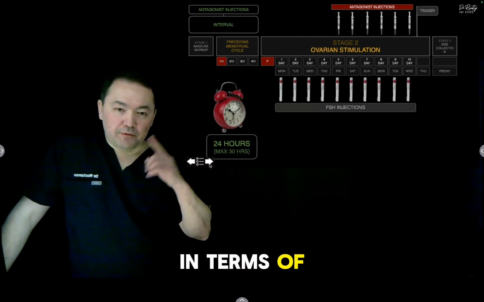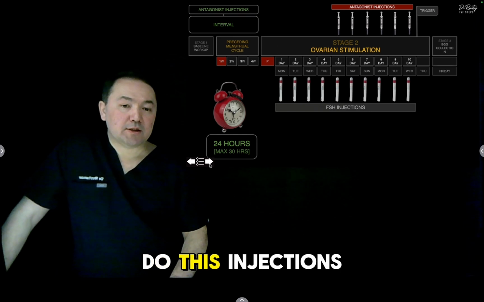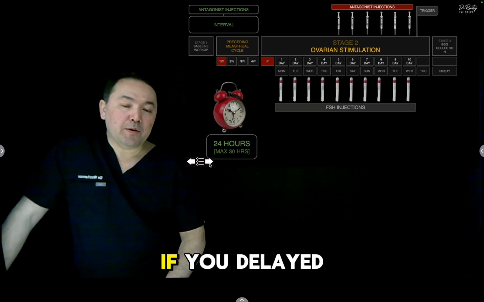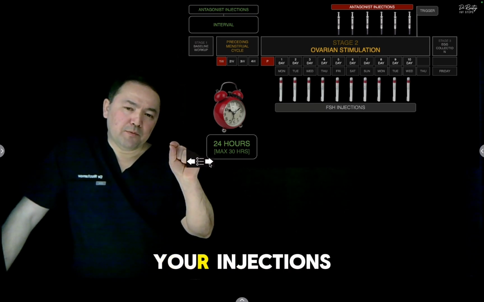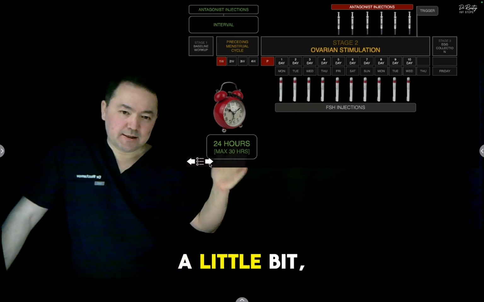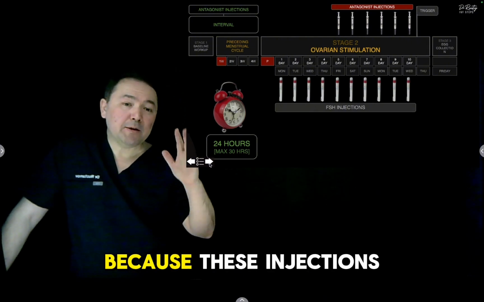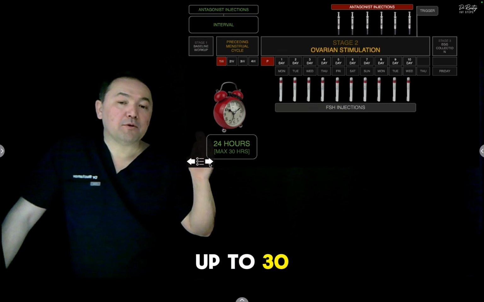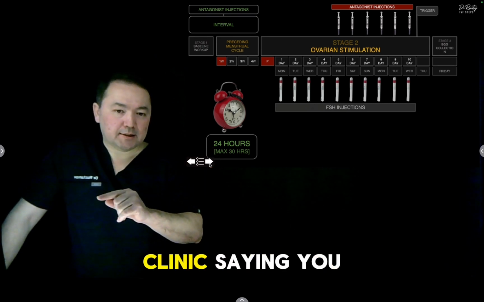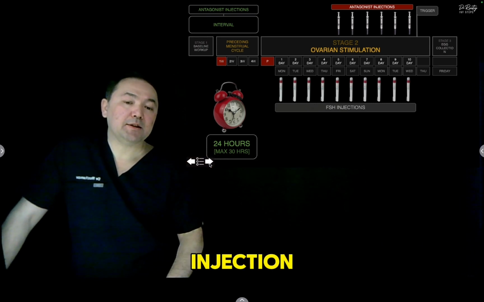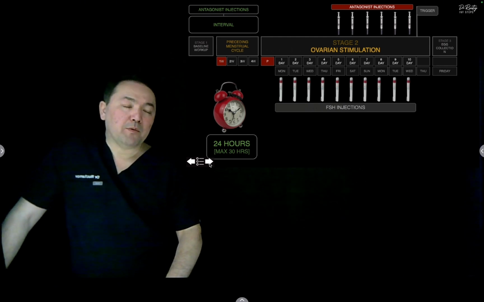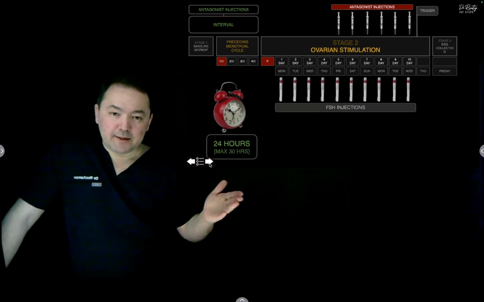In terms of frequency, you need to do these injections every 24 hours. If you delay your injections a little bit, you don't need to worry too much, because these injections stay in your blood in a good concentration for up to 30 hours. But you need to notify the clinic that you had a late injection. Of course, you need to follow your clinic's instructions.